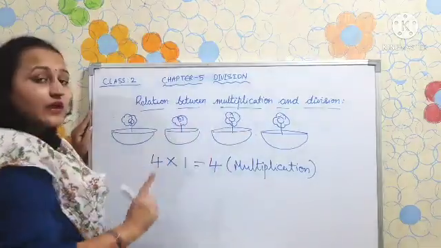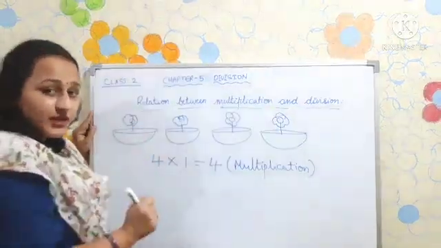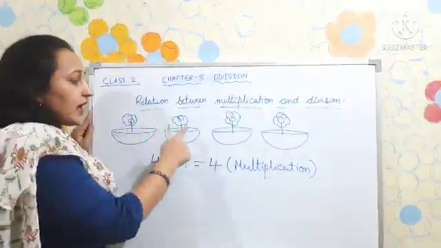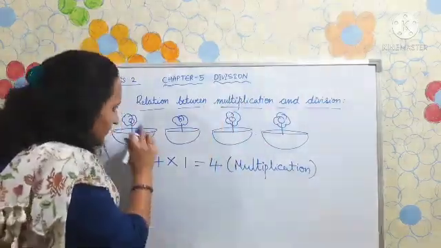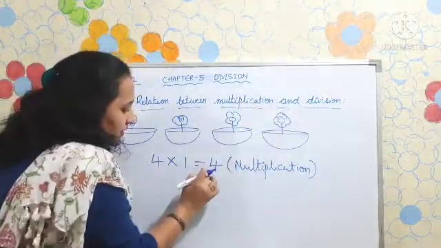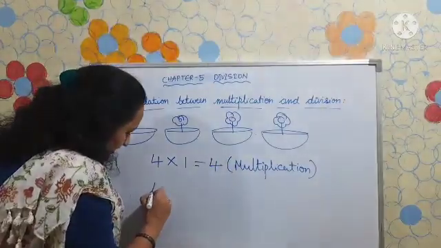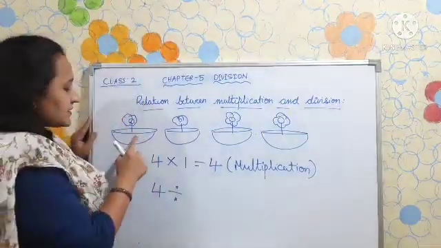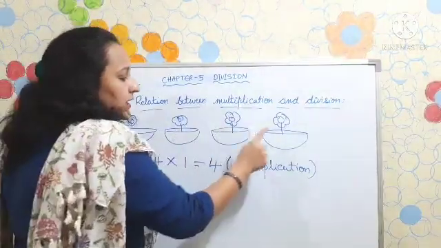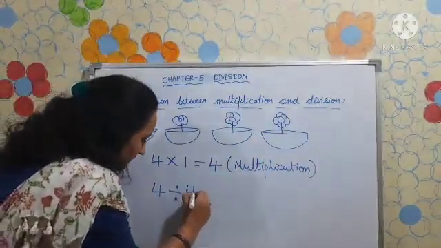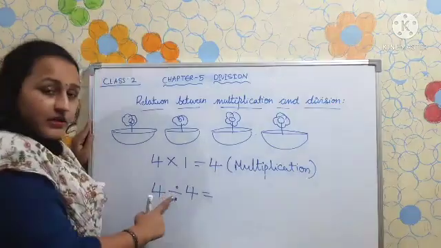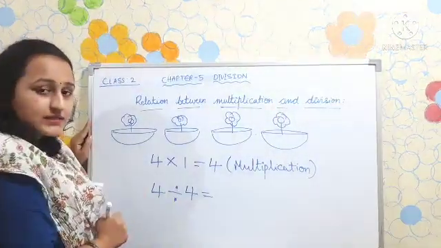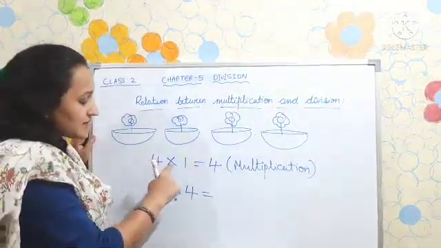Now tell me how we are going to do this as division. First we are going to take how many flowers are there. 1, 2, 3, 4. This result we have to write first. 4 divided by, how many parts are there? 1, 2, 3, 4. Now tell me, 4 divided by 4 is 4 times 1.